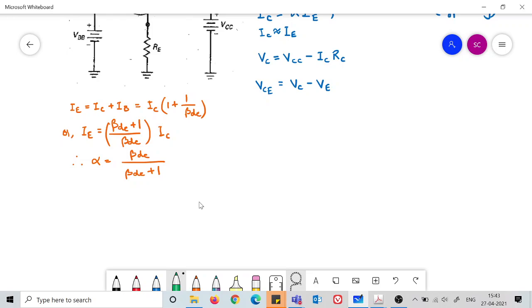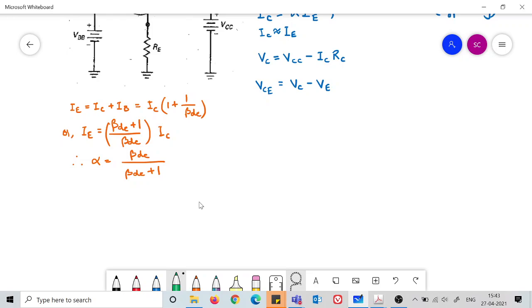These are transistor-specific parameters, alpha and beta. You set it up in common emitter or some other configuration, the understanding of alpha and beta will remain the same. Beta is IC by IB, alpha is IC by IE.